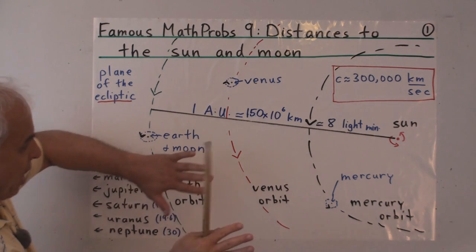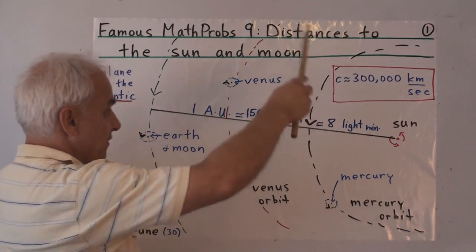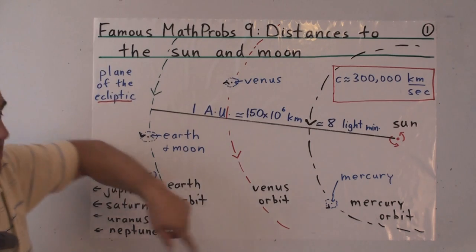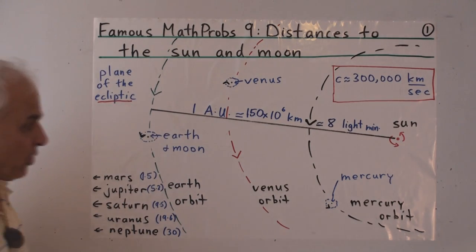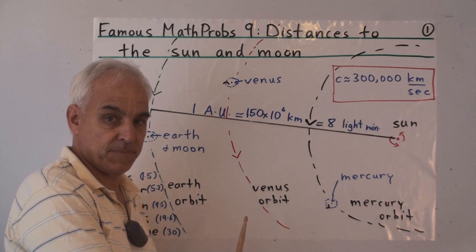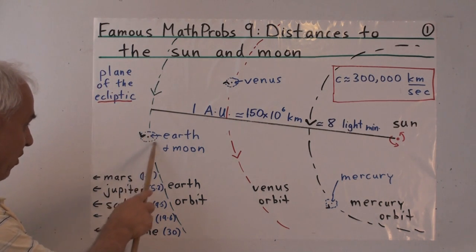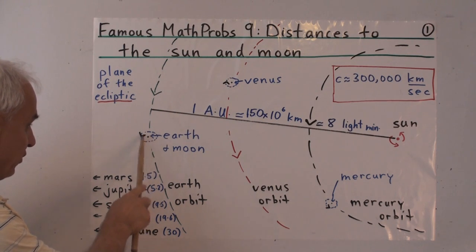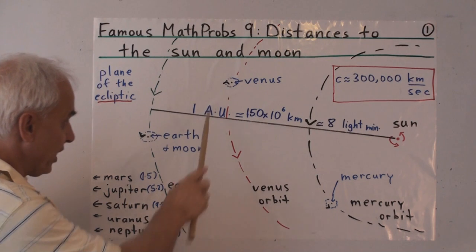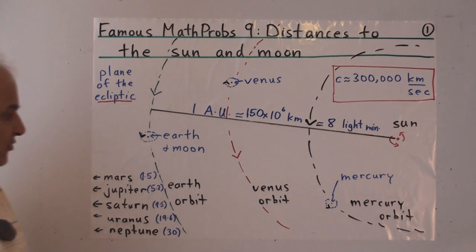Now if we're looking sort of down on this situation here, then Mercury and Venus and the Earth are all rotating in this counterclockwise fashion, which is the same way that the Sun spins around or revolves. And most of the planets, in fact, revolve in the same way. Earth has a revolution that goes in this direction, so does Mercury. Venus is a little bit strange. It has a retrograde revolution that's going actually in the opposite direction.